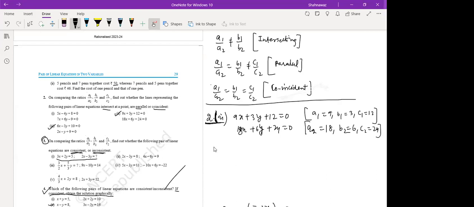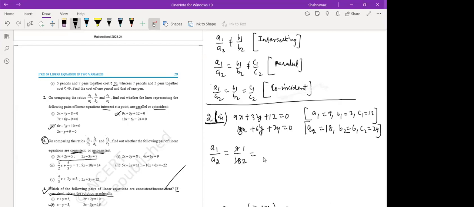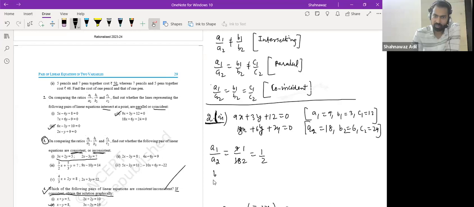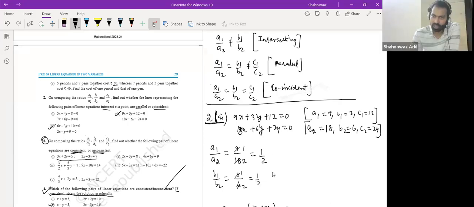Now we calculate the ratio. So A1 by A2 is how much? 9 by 18, which is 1 by 2. B1 by B2 is how much? So this is 3 by 6, which is 1 by 2. And C1 by C2 is 12 by 24, so again 1 by 2.